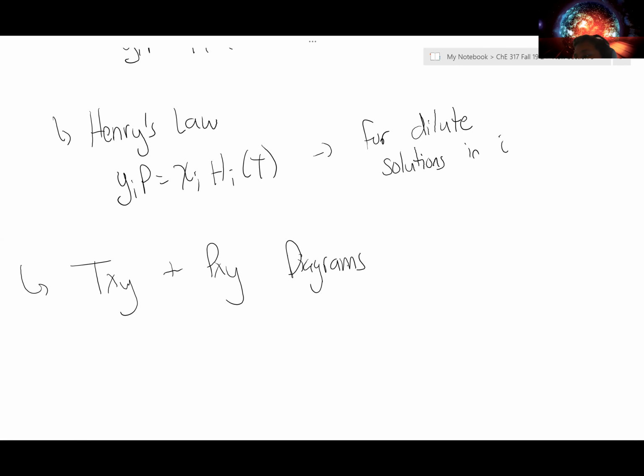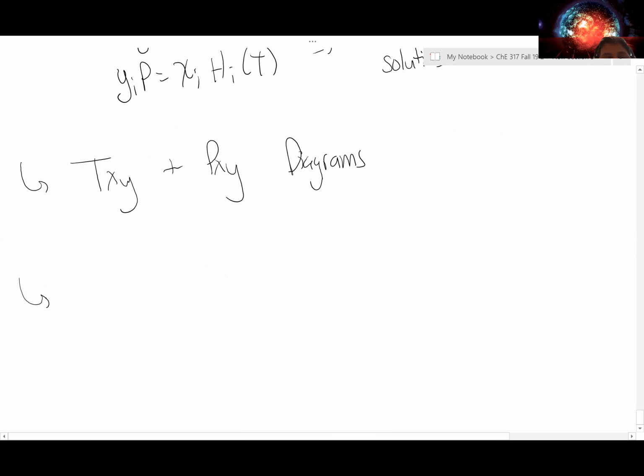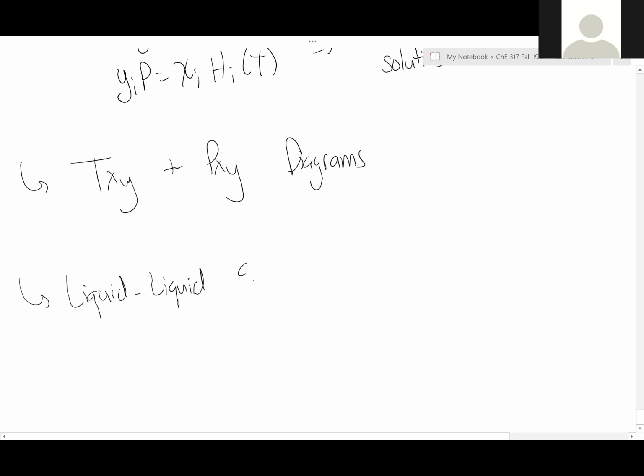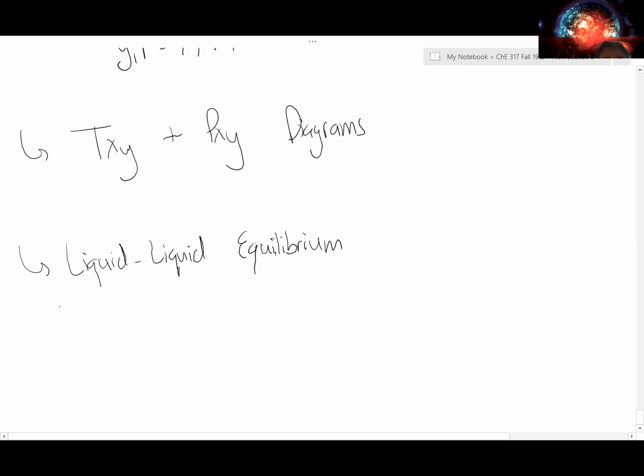And the last big section that we considered was liquid-liquid equilibrium. Here, I'll write it out. We considered the solubility of substances.